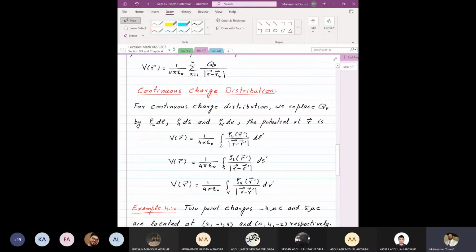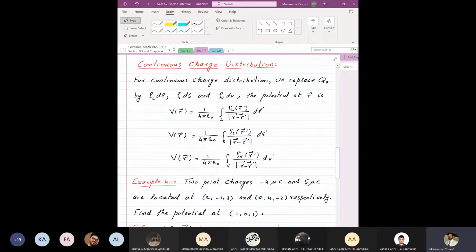Rho L dl for a line charge, rho S dS for a surface charge, meaning a surface is charged, or rho V dV, some solid is charged. The potential at any point whose position vector is r is given by these three formulas for line charge, surface charge, and volume charge.